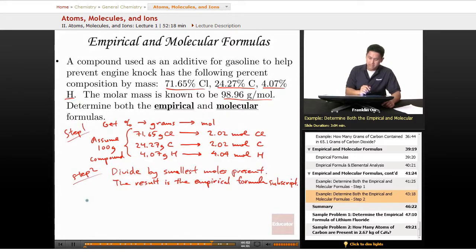So when we take chlorine and divide it by the smallest number, which is 2.02, we get 1. Carbon divided by 2.02, we get 1. And for hydrogen, 4.04 divided by 2.02, we get 2, giving us our empirical formula of CH2Cl.